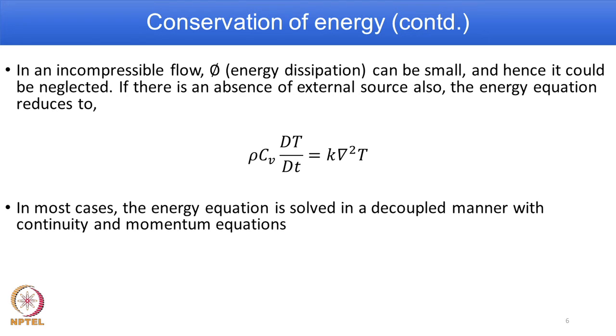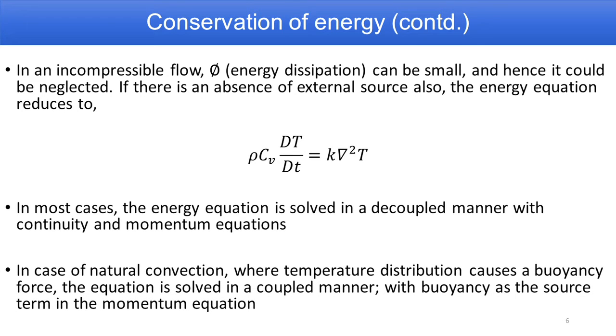You solve the mass equation and momentum equation, get a converged solution, then you activate the energy equation in the code, get a converged solution for the energy equation, then move to the next iteration, and the cycle repeats. So, this is what is known as a decoupled way of solving equations.